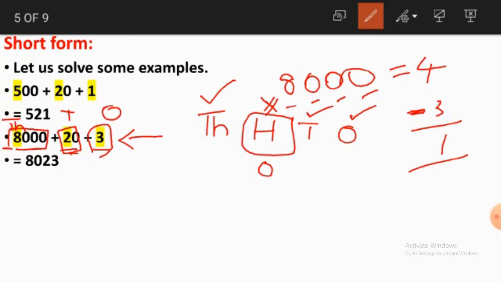So the short form of 8,000 plus 20 plus 3 will be: we take the first digit of 8,000, which is 8. We do not have anything in the hundreds place, so we are writing 0 here, and then we take the first digit of 20, which is 2, and then the first digit of 3, which is 3. 8023.